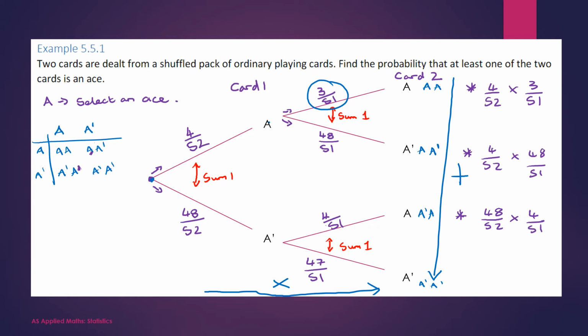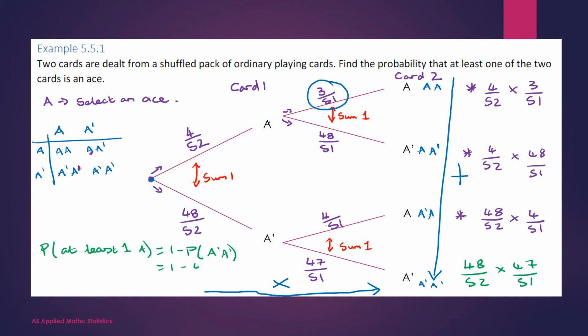But what I'm spotting here is that I can take a shortcut, and that is by working out this bottom one, which is the one I don't want, but because it is the only one I don't want, it means that I can subtract it away from 1. So the probability of getting at least one ace is equal to 1 minus the probability of getting not ace, which is going to be the easiest way to do that calculation.